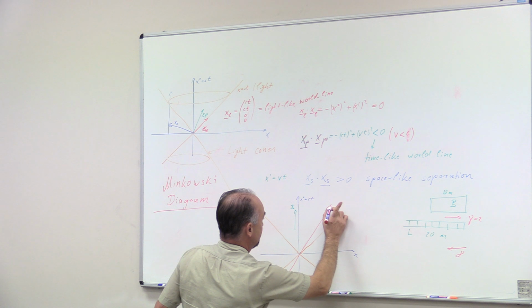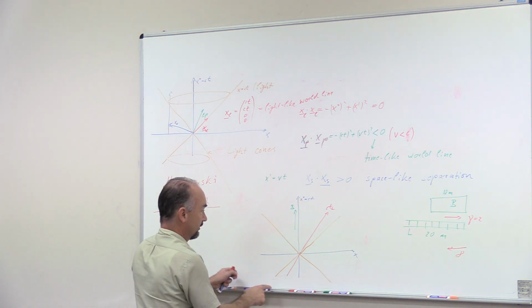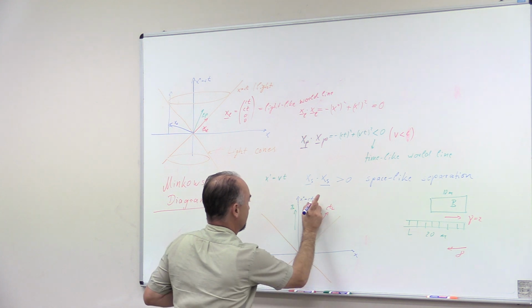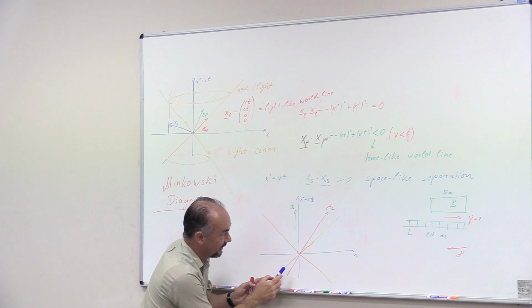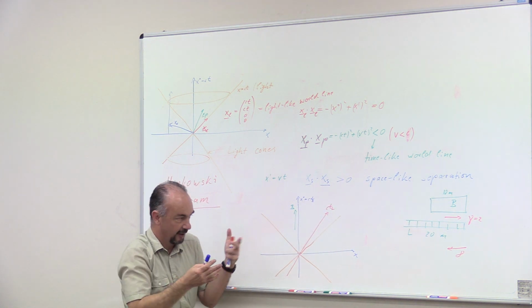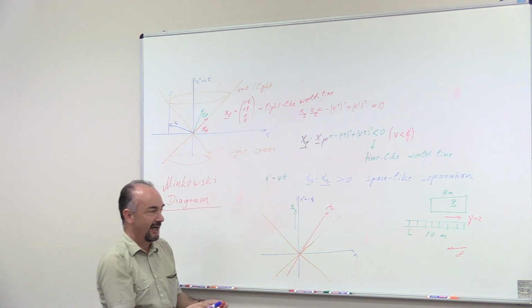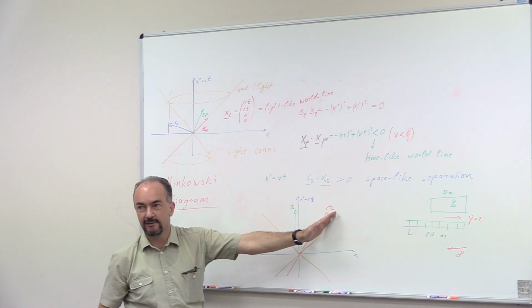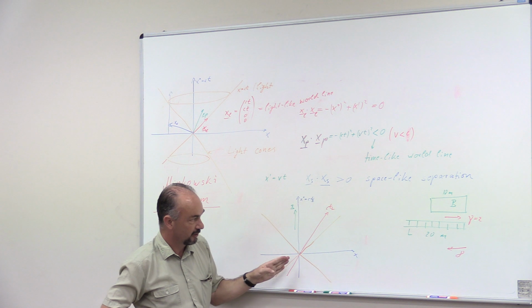So this is ct for the ladder, right? This is the time of the barn. So if you are in the ladder, you're moving like this, but it feels like you're not going anywhere, because in the frame of the ladder, you're stationary. So this is effectively the time axis of the ladder, right? If you're sitting on the ladder and you say you're stationary, then you're only moving in time.